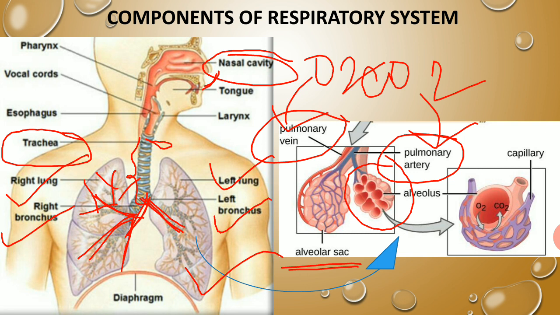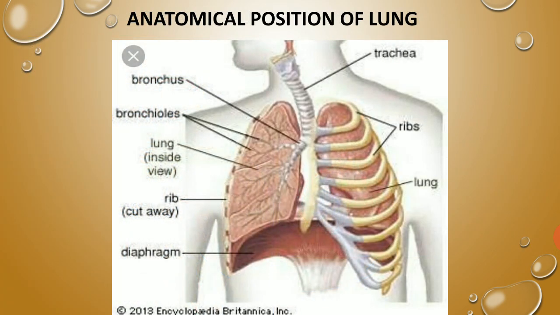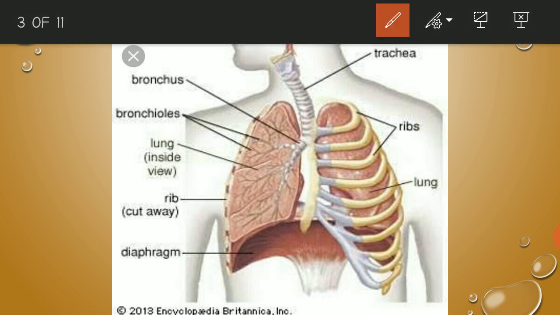Now these are the components of the respiratory system. But what about the position of the lungs in our body? Now let's see. The lungs are present in the chest position, or the chest cavity, and the chest cavity is also known as the thoracic cavity.